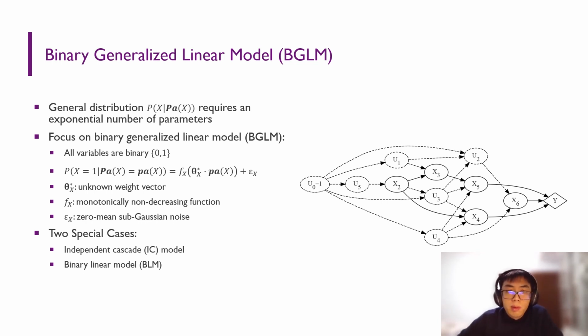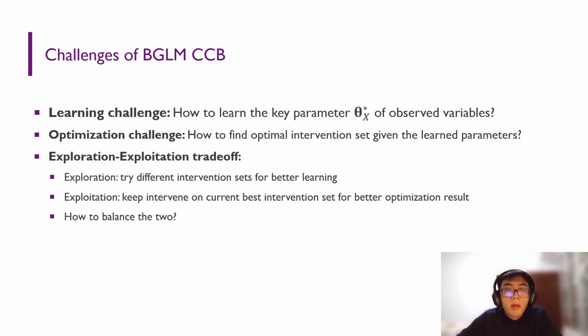In the CCB problem, the learning agent needs to learn parameters theta_X star. There are mainly three challenges of the BGLM CCB problem. The first one is how to learn theta parameters. The second one is the optimization challenge.